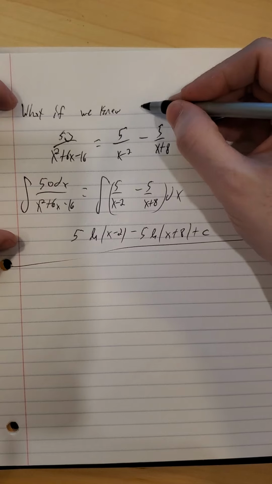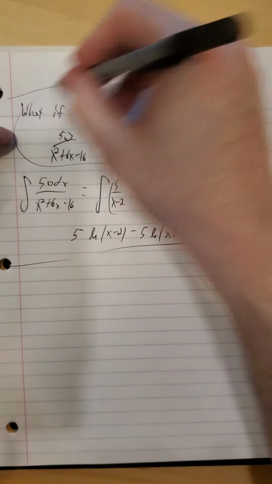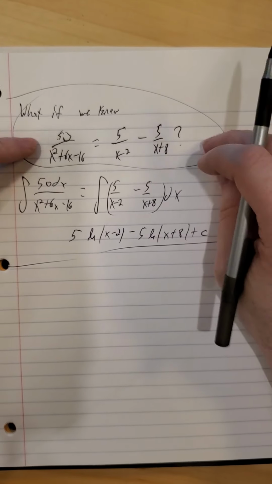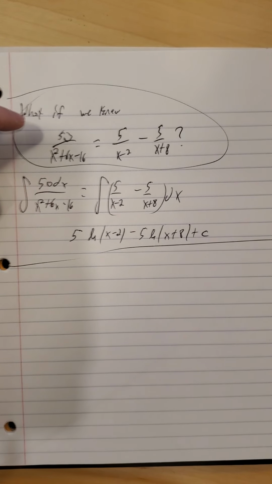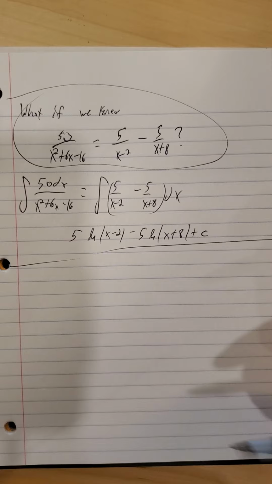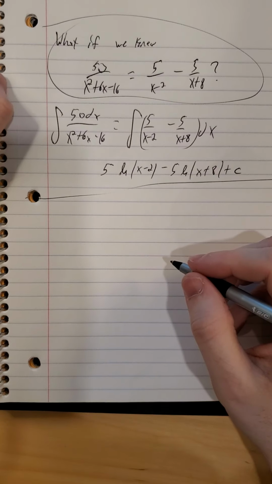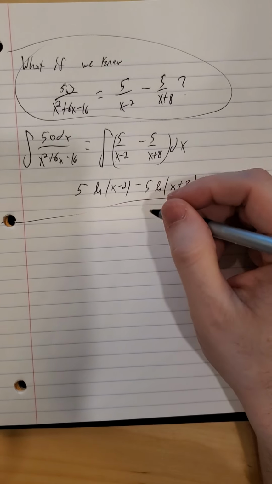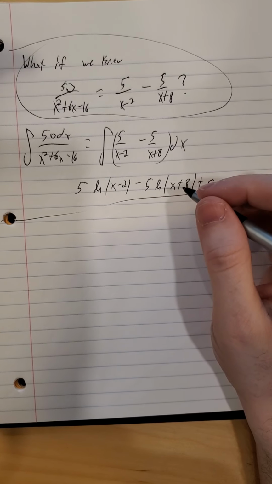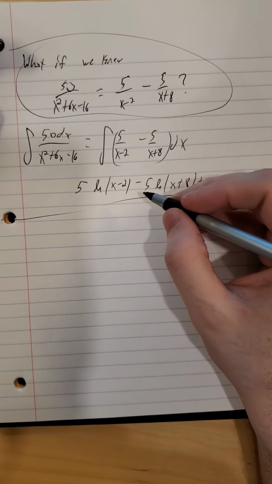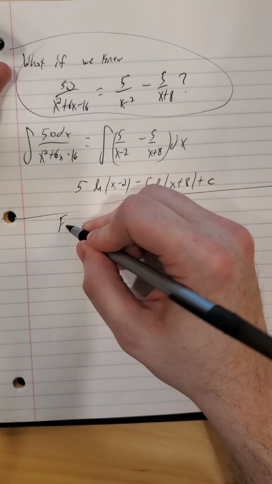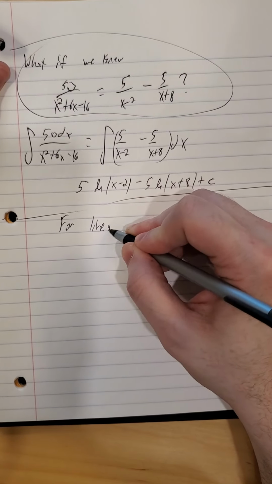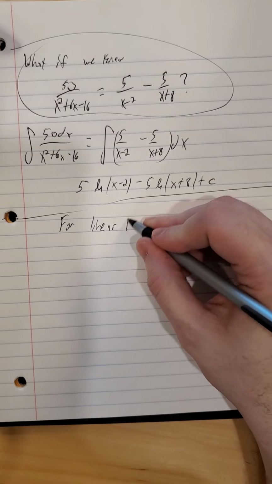So that's what this section is about: what if we knew this? How do we know that this is true? So how do we do that? If we have linear factors, we use A's and B's, linear factors of the denominators.